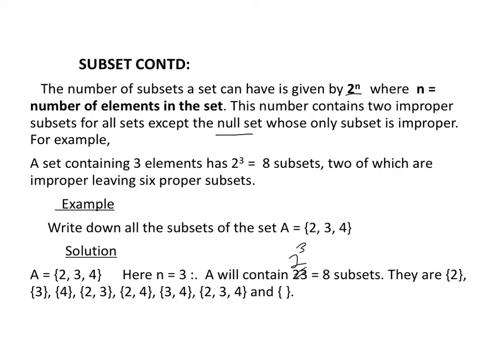They are 1, another subset, 2, 3, 4, 5, 6, 7, and then 8. So these are the 8 subsets, of which 2 are improper and 6 are proper out of these 8.